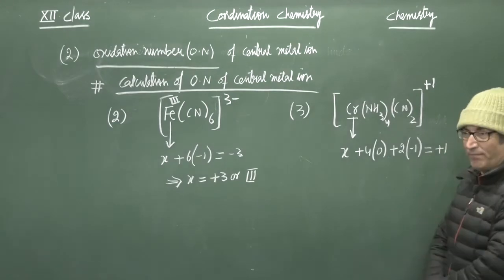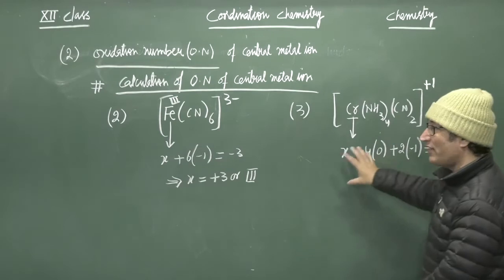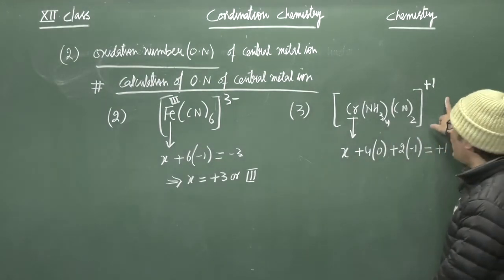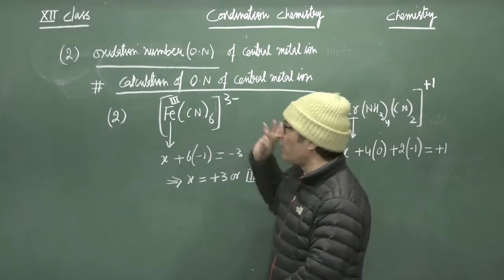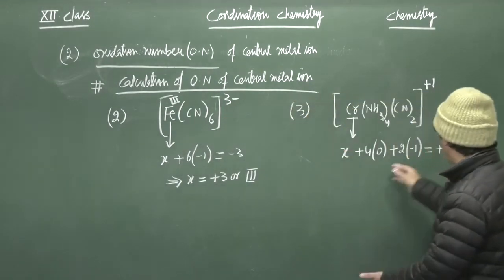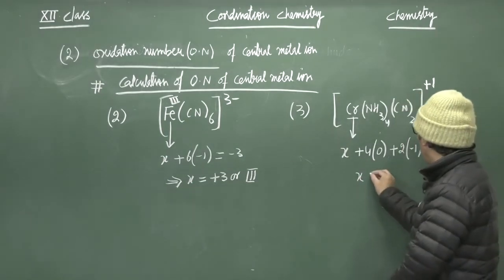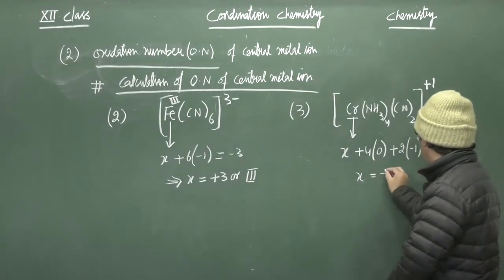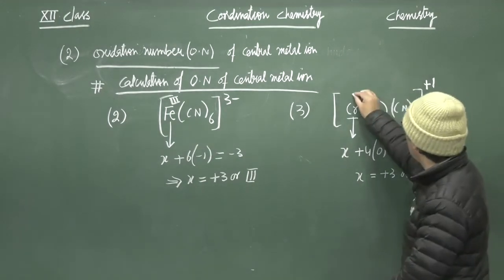Overall, it's not neutral. So in case of a positively charged species, you equate the sum of the charges to the net positive charge. In case of a negatively charged one, you equate it to the negative charge, that's -3 earlier. Now on calculating, it will imply X will be equal to +3, for which the Stock notation is III.